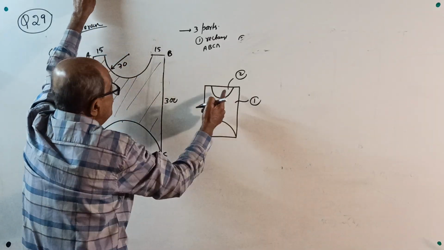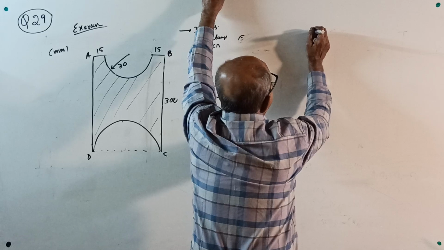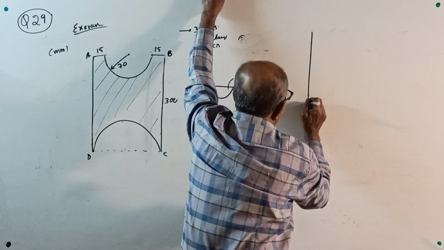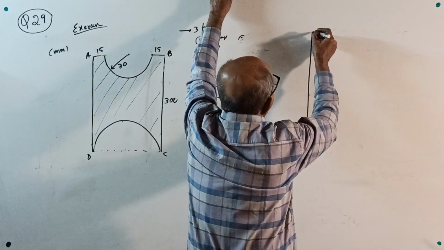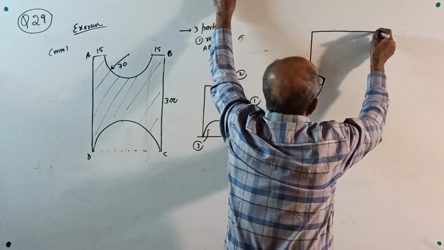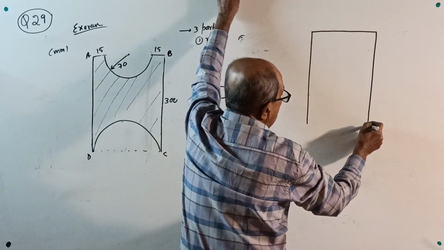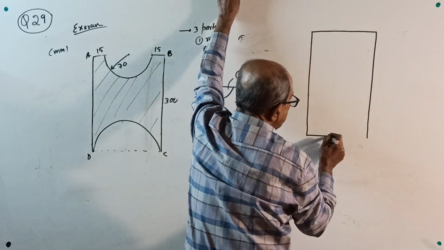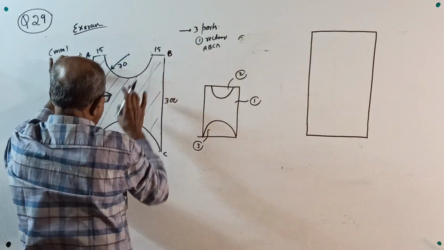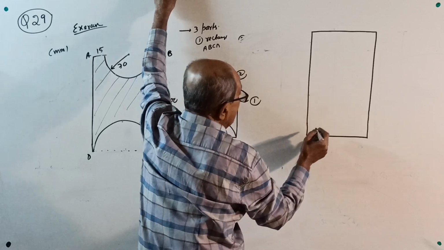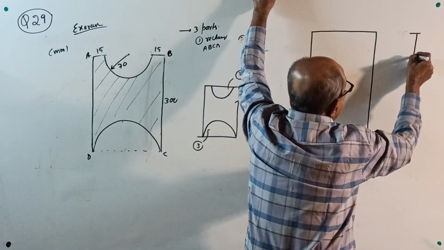Now draw a neat sketch. 15, 15, 30 plus 70 is 100. See, this full width is 100. Why it is 100, I cannot tell; it is because 70 plus 15 plus 15 is 100. And here, this is 300. Full is 300.